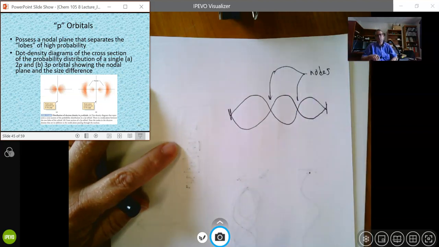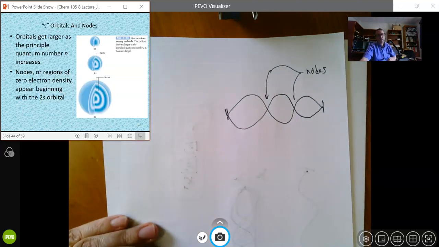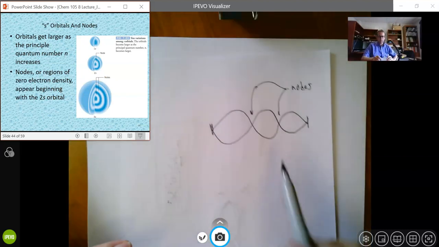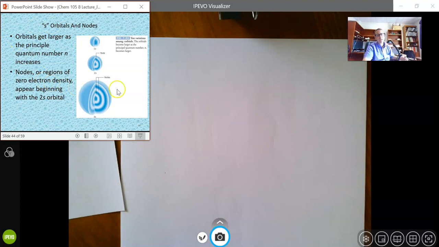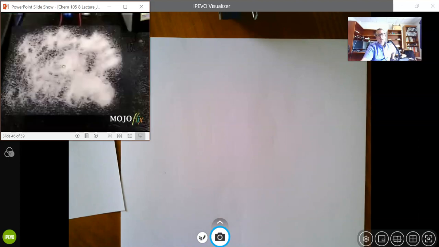And just like we have nodes in the two-dimensional wave of a jump rope, we have nodes also in these three-dimensional orbitals. So this is our 1s, 2s, and 3s orbitals, and you can see how there are nodes, regions of no electron density. That doesn't bother us anymore because electrons aren't particles, they are waves of electromagnetic energy.